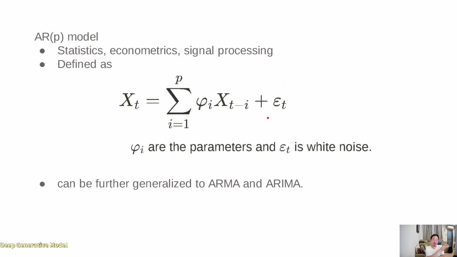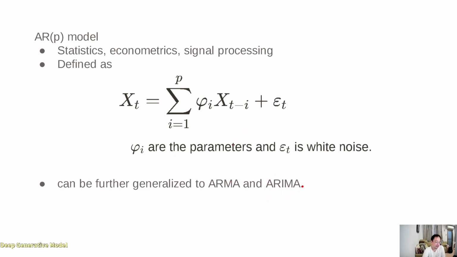Because this is very specific, there are a lot of properties that can be proved or derived from this formula, so we can actually compute something. If you have a slightly different model, like adding some moving average or integrated terms, there are different names like ARMA or ARIMA.